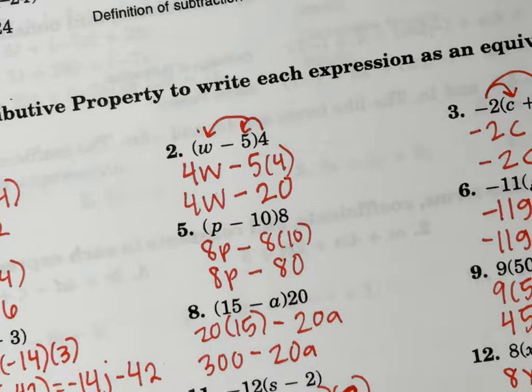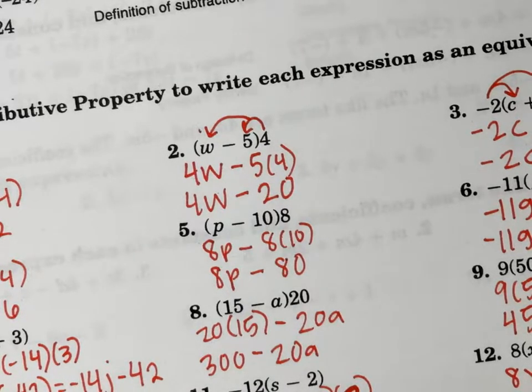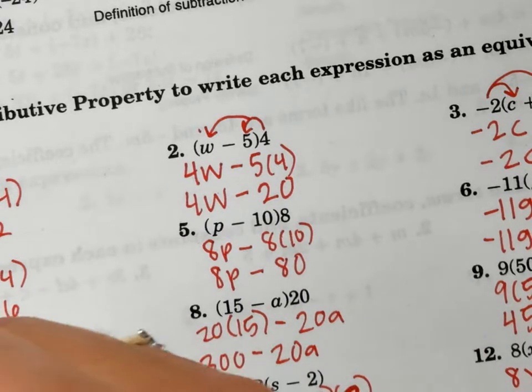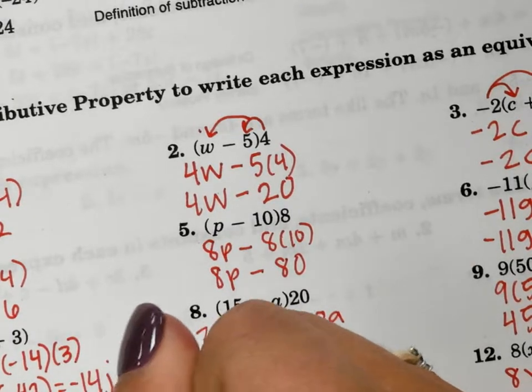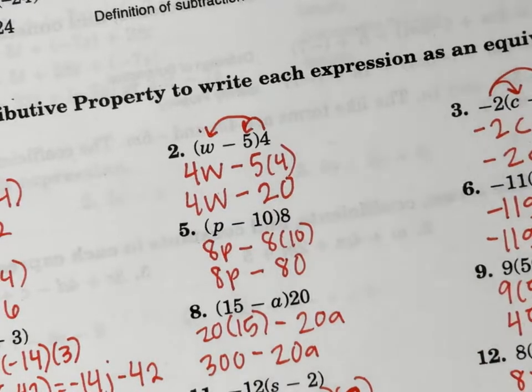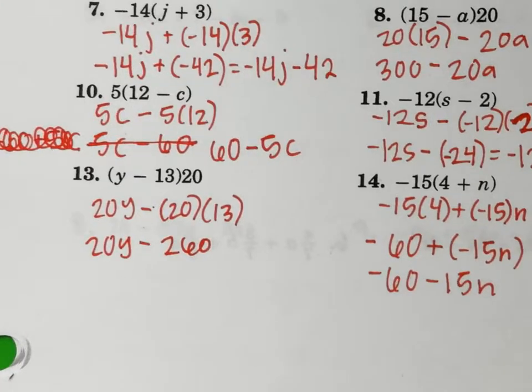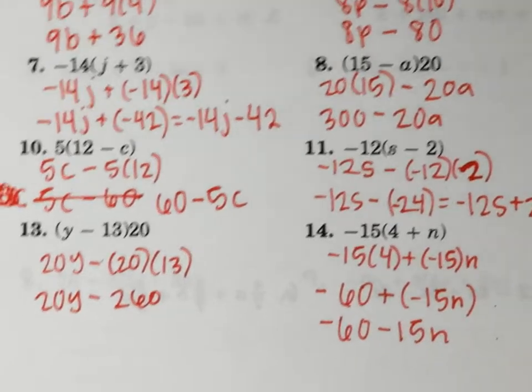If you do it the other way around, it would be negative 60 plus 5c. Right? 60 minus 5c. And Max, what did you say? 60 minus 5c.